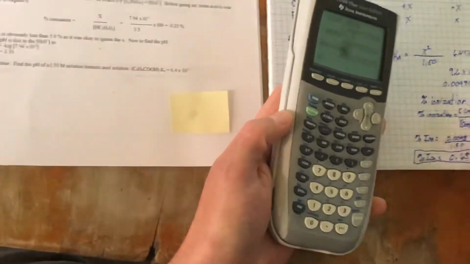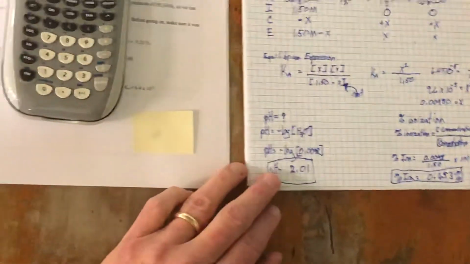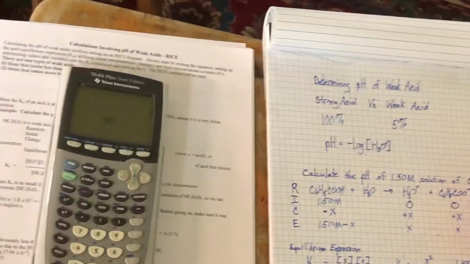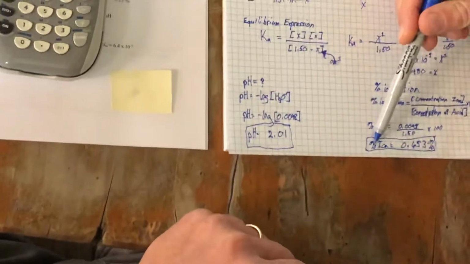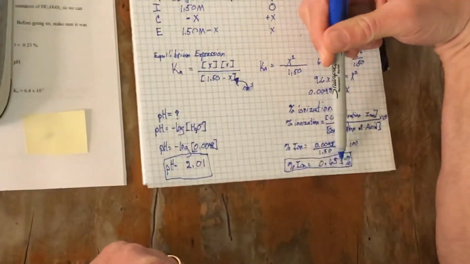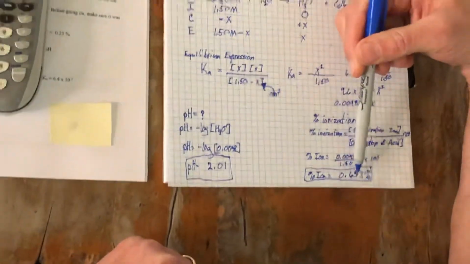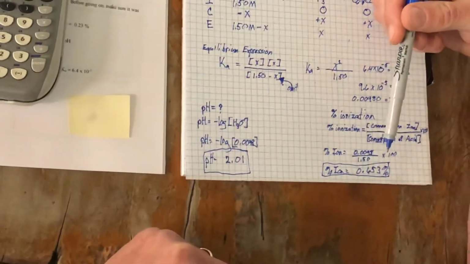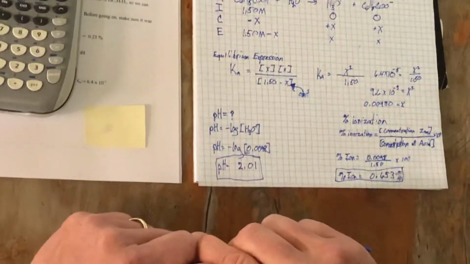Now we look at that and you say, is that a correct, acceptable answer? Well, I told you it'd be somewhere below 5%. This is very, very low. What that means is when it has a real low percent ionization, that usually refers to a very weak acid. And the higher percentage it dissolves, then the stronger it becomes. And when it reaches 100%, it is a strong acid.